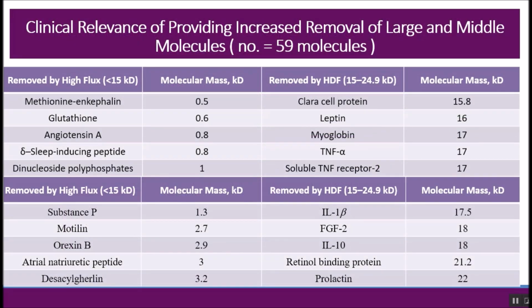In recent publications, a lot of uremic toxin solutes have been identified, and all are in the range above 10,000 Dalton. Those molecules are removed only by either the high flux membrane or hemodiafiltration.